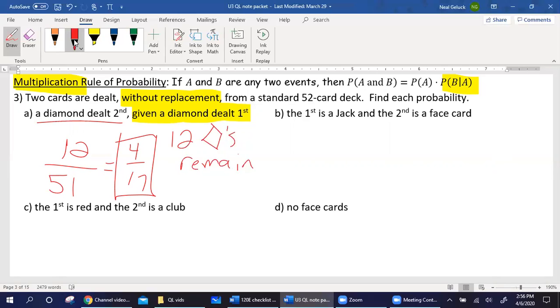The next one, or the next several, are going to deal with this multiplication thing. We're going to figure out each one first. The first is a jack. Okay, the probability of a jack, there's 4 jacks out of 52, or I can reduce that to a 1 out of 13.